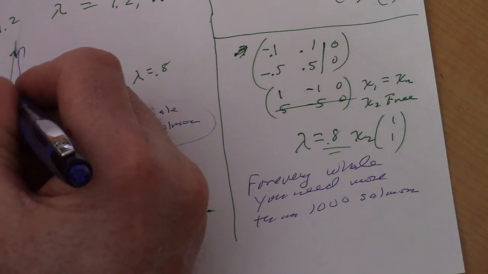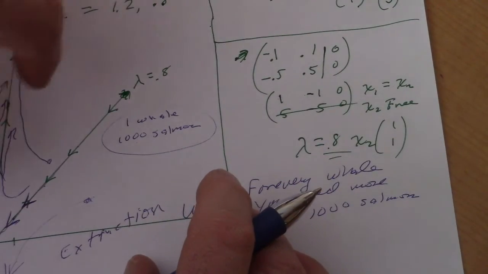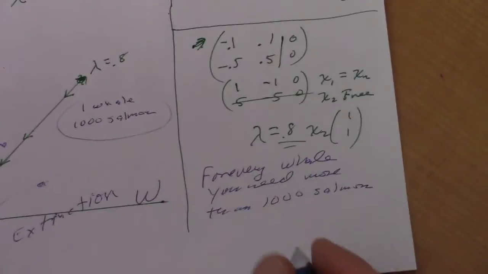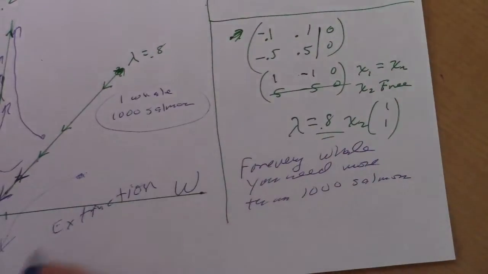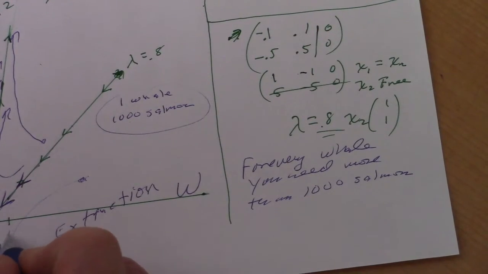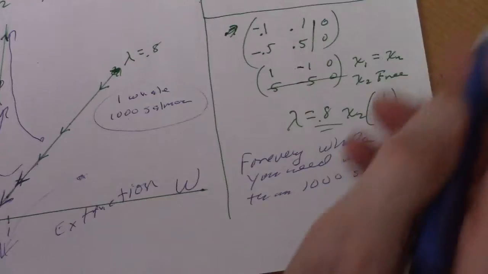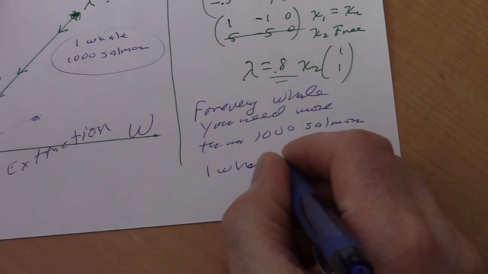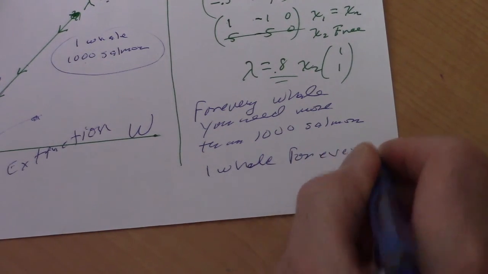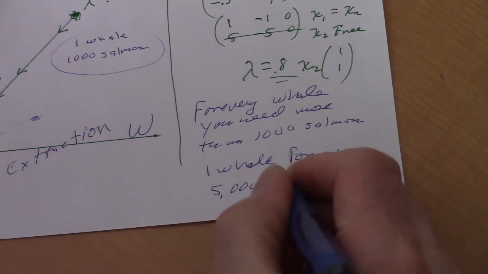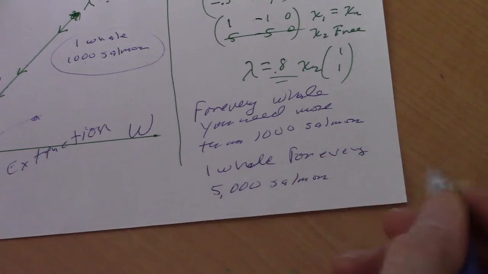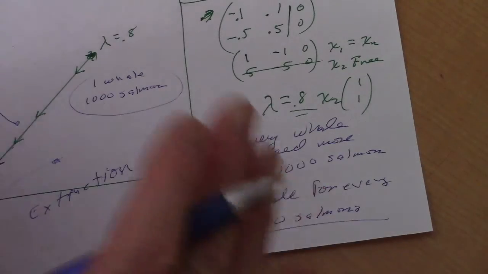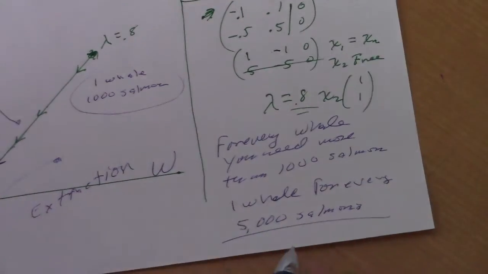And so everything over here, as long as there's more than 1,000 salmon for every whale, as long as the salmon's higher, then you're going to be going towards this ratio, which is, this is one whale, remember this is 1-to-5, that's what this eigenspace was. You're going towards one whale for every 5,000 salmon. That's what the population will tend toward. That's kind of the perfectly sustainable and continued relationship.